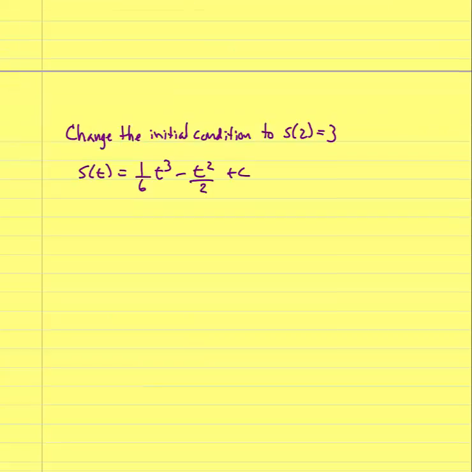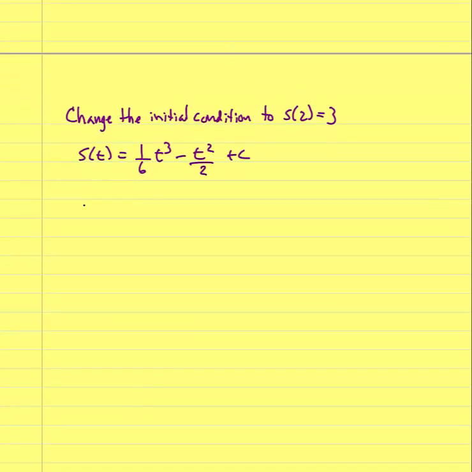So we're going to use this initial condition. Everywhere that I see a t, I'm going to plug in a 2. So s of 2, and when I plug those in I should get a 3, and then I'm going to solve for c.